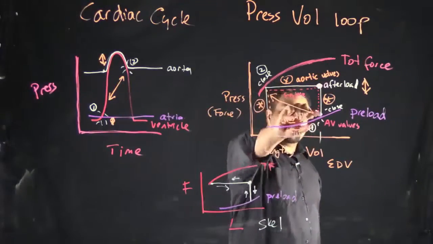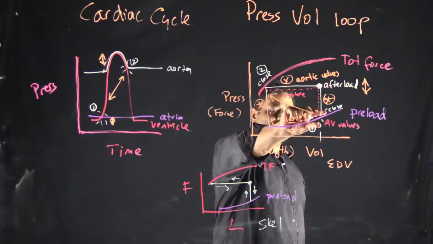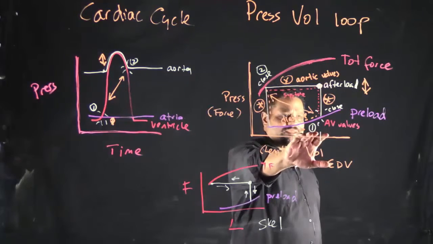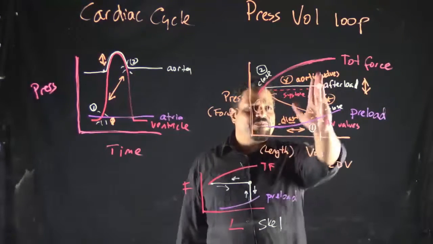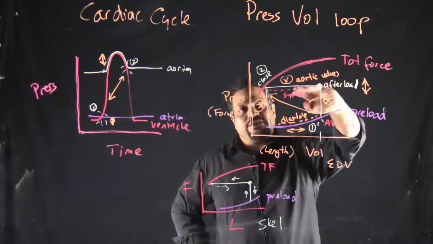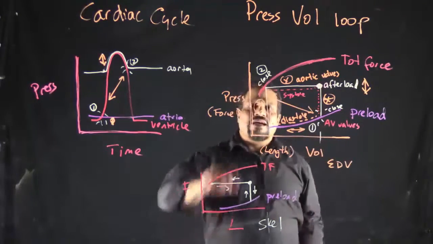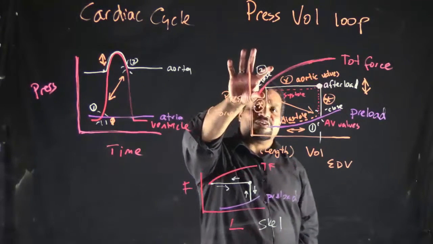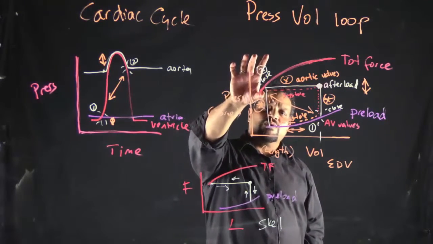As the heart starts to contract, right at that point the AV valve closes. That's the first heart sound, lub. You generate pressure, the aortic valve opens, and the pressure goes all the way across. Eventually the ventricles can't contract anymore, they start to relax, and the aortic valve closes.